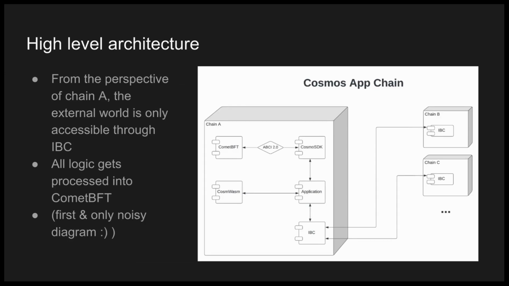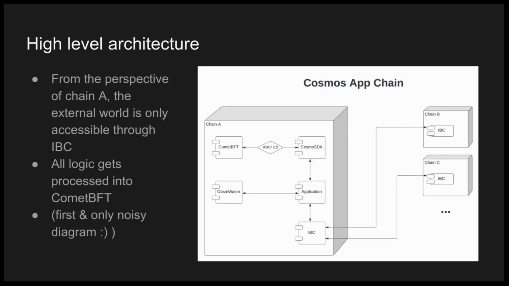This is a diagram that I think is difficult to grok. I wish I had a prettier version of it, but I think it's a helpful abstraction for people who are onboarding to the stack at first. Basically, there are three chains, and the only way that they interact with each other is through IBC.